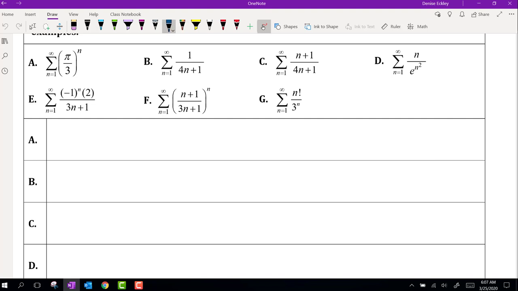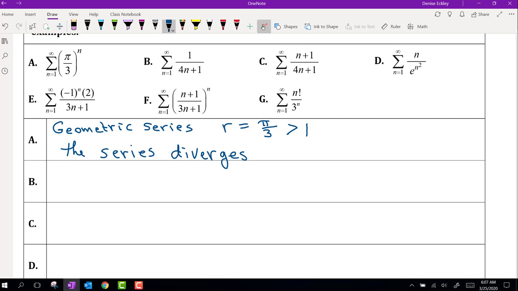This one is a geometric series. You can see that your r is going to equal pi over 3, and that is going to be greater than 1. So you can say already that this series diverges without having to take a limit or anything.